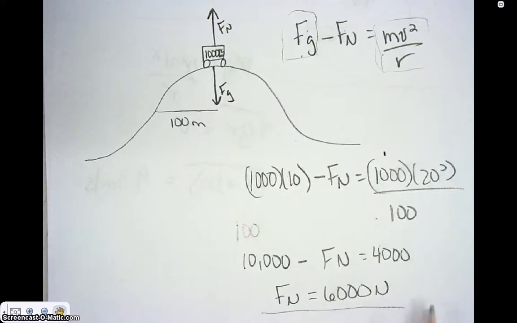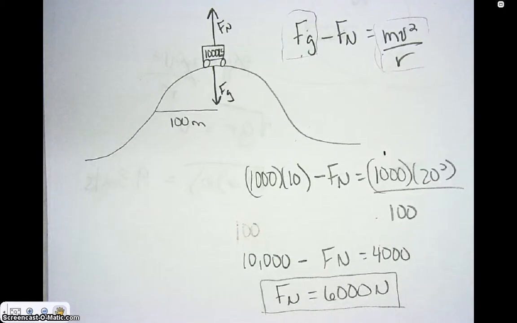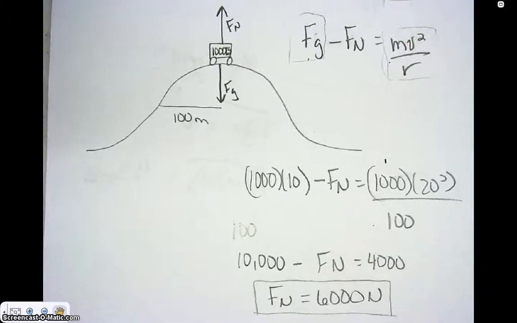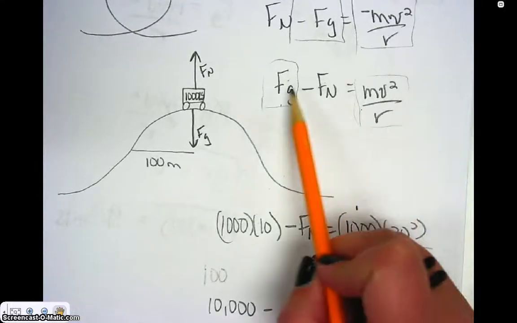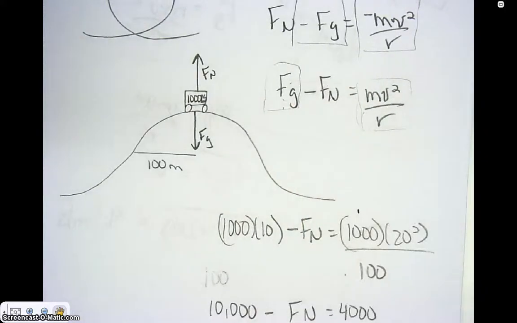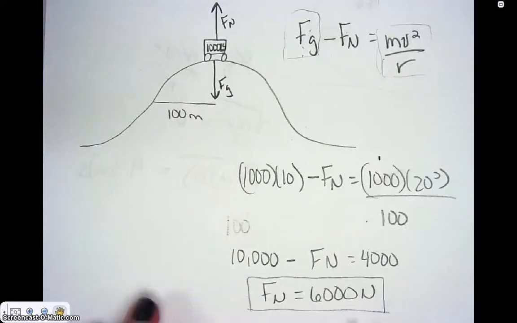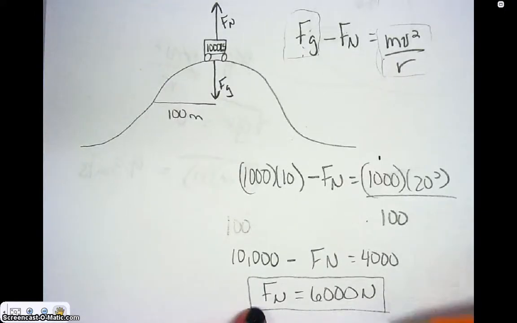You should feel like you weigh less than you actually do, so it makes sense that the normal force is 6,000 newtons. If I had accidentally inverted this, my answer would have been 14,000 newtons, and we would have known for sure that couldn't be correct, using our common sense to ask whether the answer makes sense.